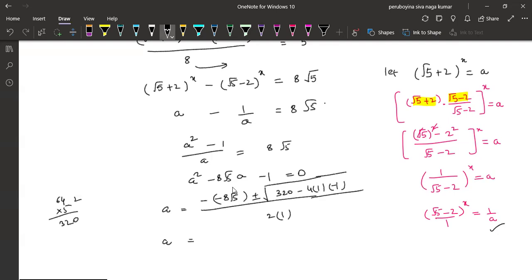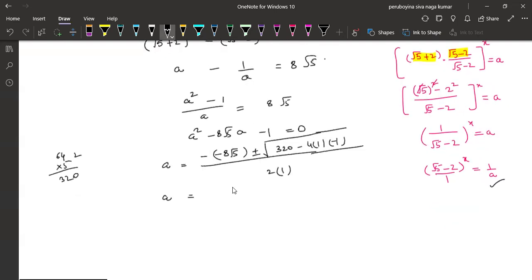So a is equal to 8 root 5 plus or minus root of 324. 324 is the square of 18, so 18 by 2. You can cancel 2 overall from the numerator terms, so that we get 4 root 5 plus or minus 9.